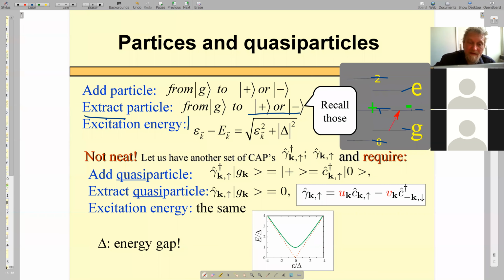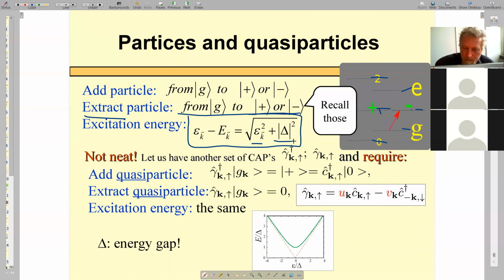At least we can compute the excitation energy. That's because we have understood how much energy has been accumulated in the box. So here we have epsilon, the original energy counted from the Fermi energy, so it's 0 precisely at the Fermi surface, but it comes in combination with a square root and delta squared.